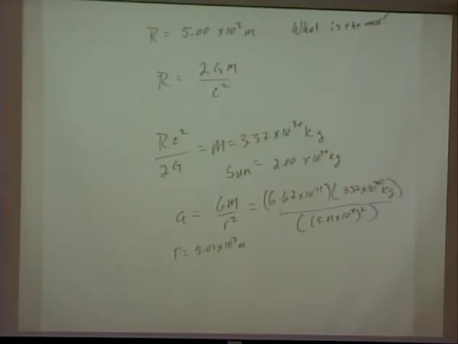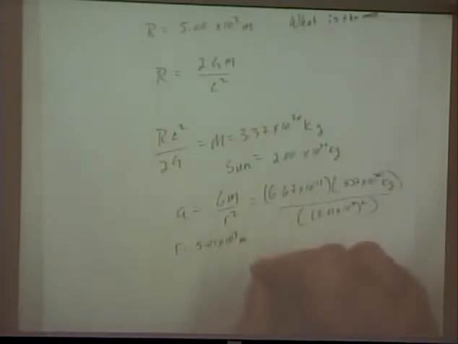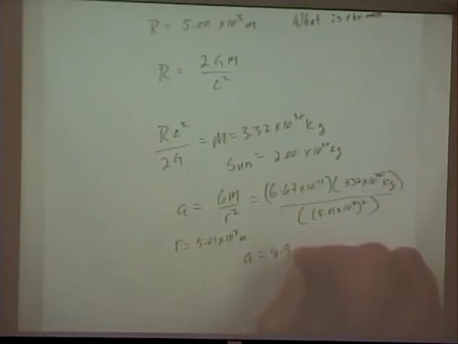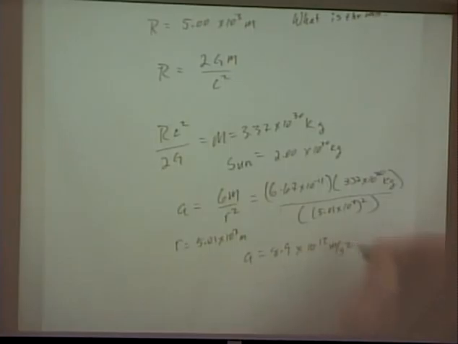Oh my goodness! A is equal to about 8.9 times 10 to the 12th meters per second squared. Yeah, wow. You'd be pretty heavy if you got close to that.